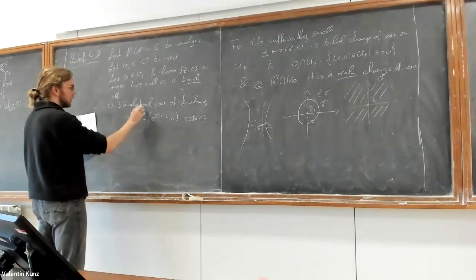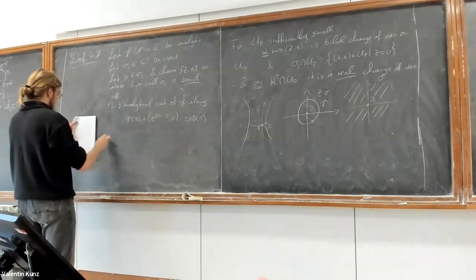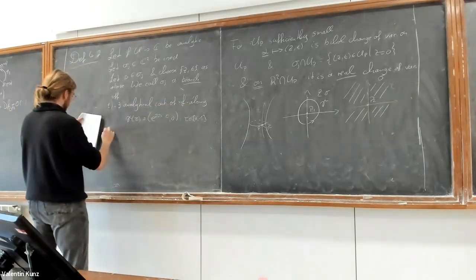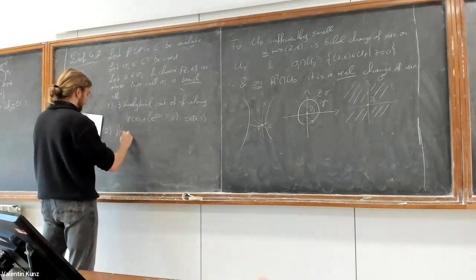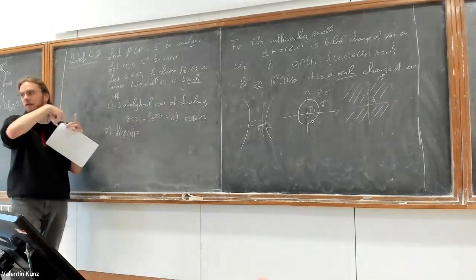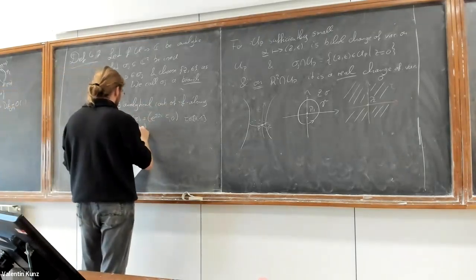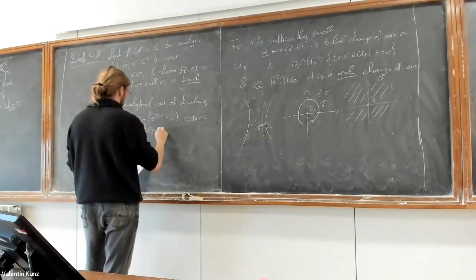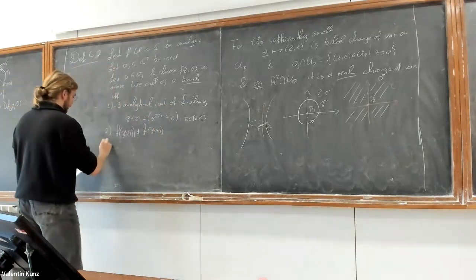If there exists an analytic continuation of f along, one, a circle, just a circle. And two, this is the important part, it's a closed circle, right? It returns back to itself. And f of gamma of 1 is not equal to f of gamma of 0.